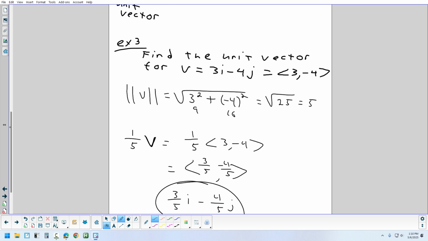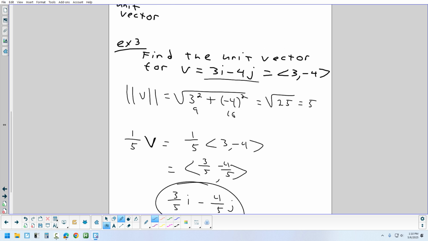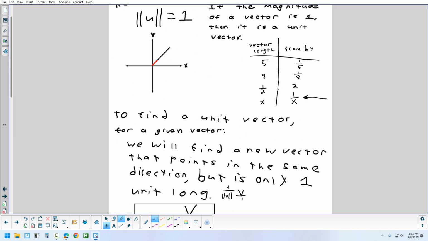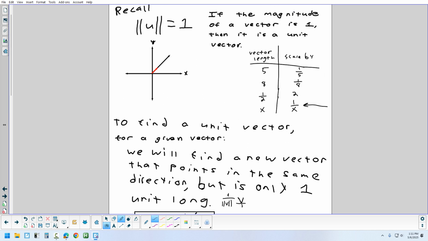Any questions on how we turned that into a unit vector? Again, the key is find the length. If it's 1, don't do anything. If it's not 1, scale it by the length flipped, and that will force it to be 1 unit long.